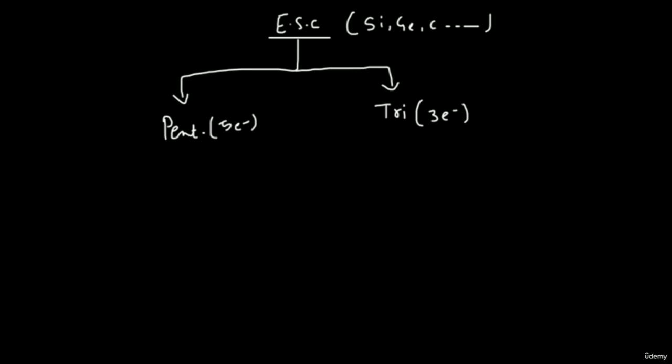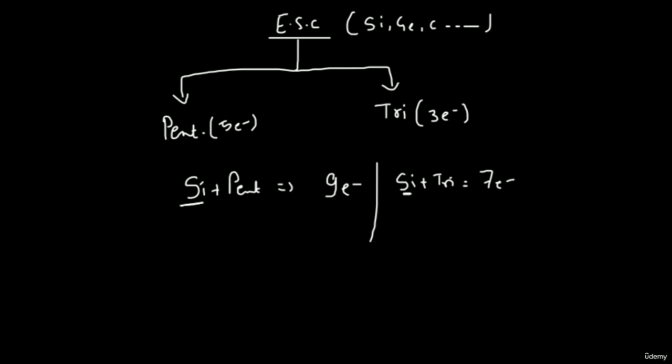When you add silicon with pentavalent, you have 9 electrons, correct? Now, if you add silicon with trivalent, you have 7 electrons. Fair enough, right? So silicon's contribution is 4 in both the cases as usual.